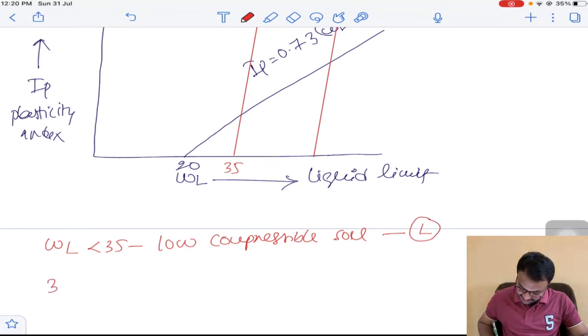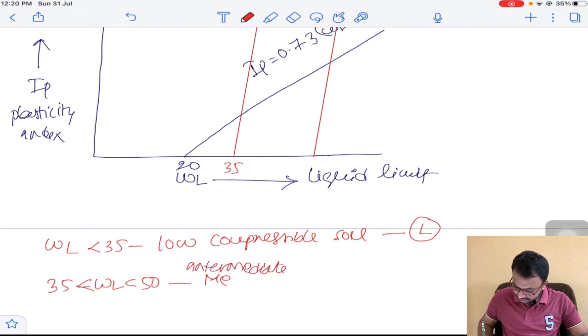If liquid limit lies between 35 to 50, it is intermediate compressible. So you will get intermediate, meaning I. If liquid limit is greater than 50, it is highly compressible.